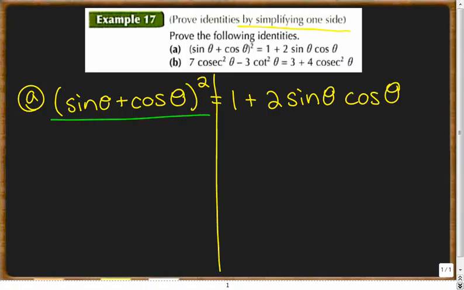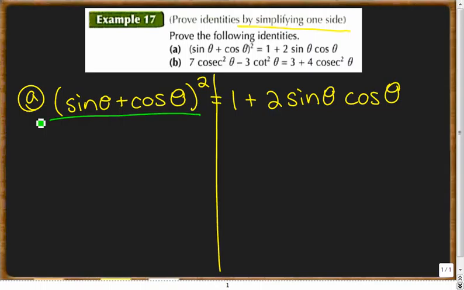Now, because what I can do is I can distribute this. I can kind of FOIL this, or if you want to think about the box method, box it out, and then go from there. So if I take this side, the sine of theta plus the cosine of theta squared, that's multiplying binomials, so I can use my little binomial theorem.